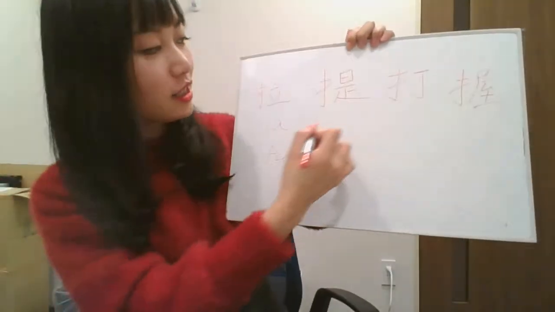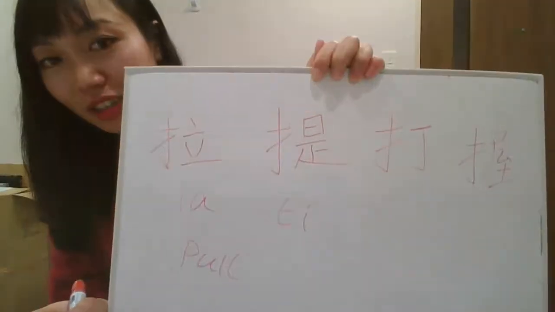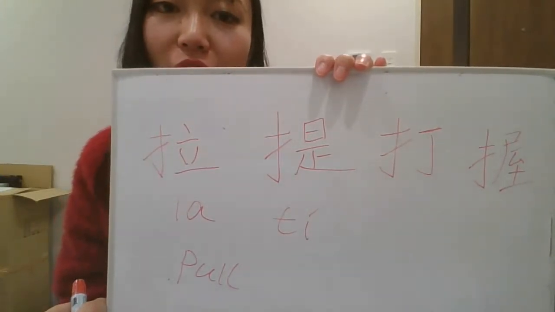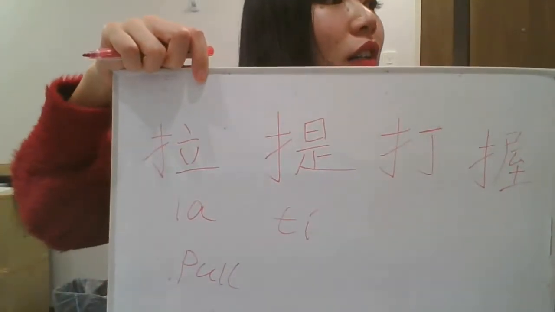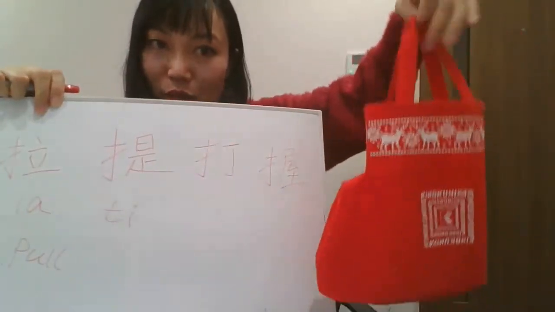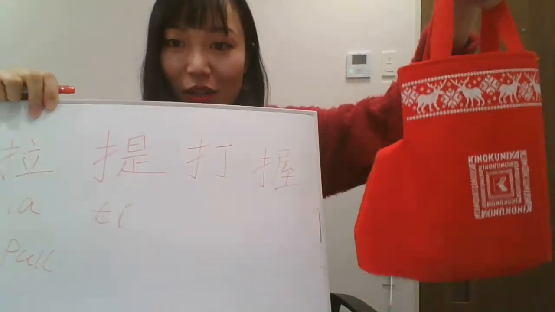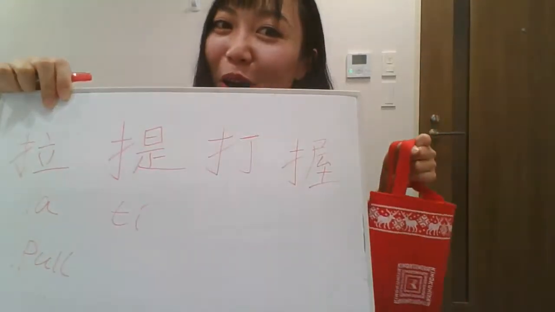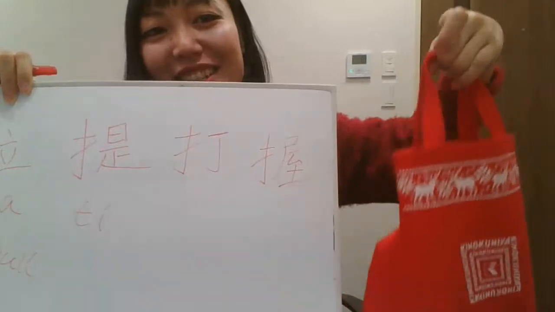So it's 提. 提高 means improve. But if it's only 提, it's like this. So I have a bag, and I take it this way. This verb is 提. Okay, this is 提.